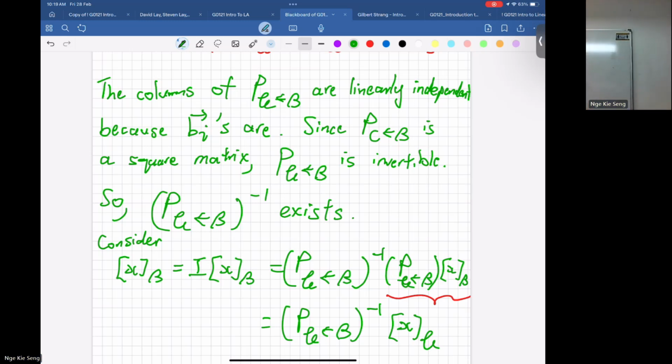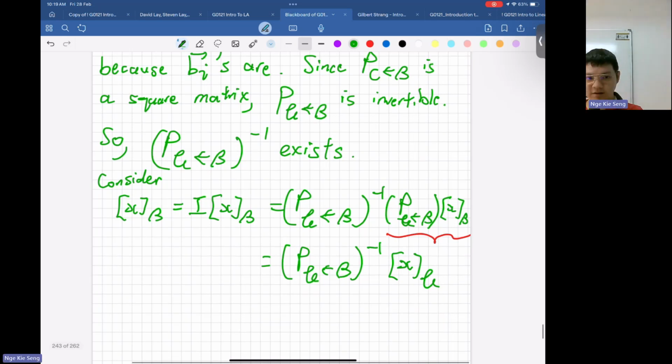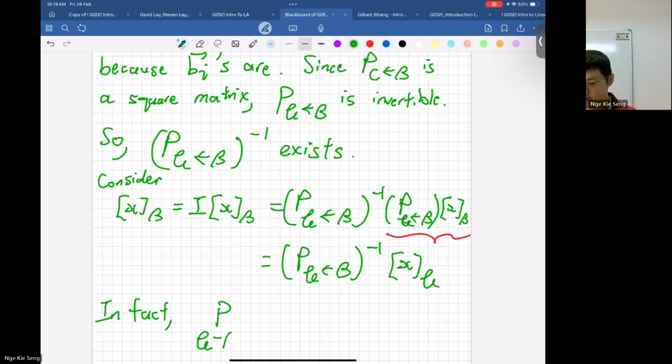The matrix that multiplies a coordinate vector in C to become a coordinate vector in B is actually the change of basis from coordinates of C to coordinates of B. This is by definition. So these two together are actually the same.